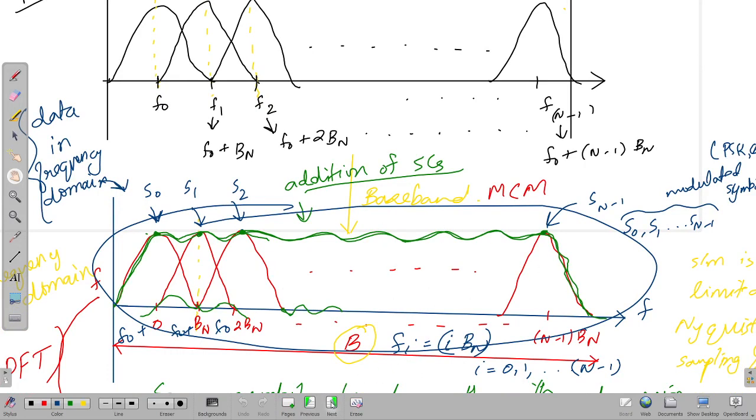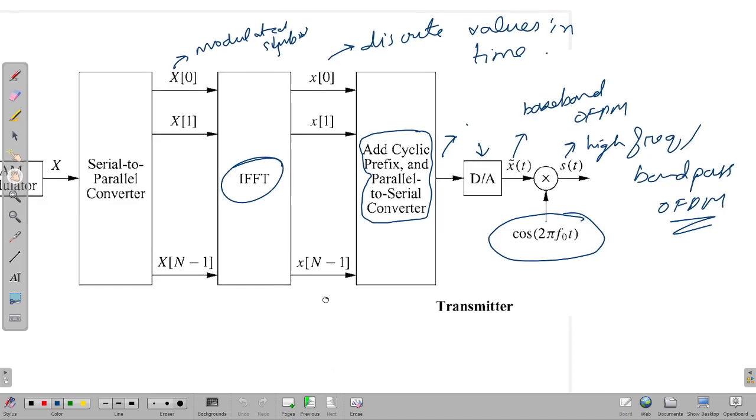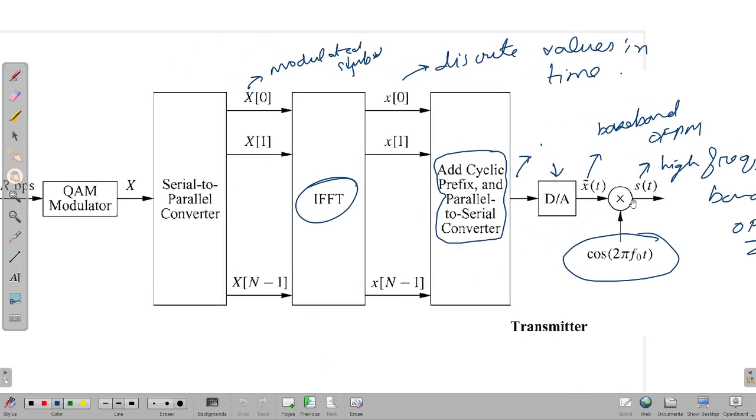These sample values we have converted according to the Nyquist criteria, so we can recover the signal completely. This recovered signal is finally made into a bandpass signal S of t, and it is transmitted. So this is the discrete implementation of OFDM. And in the next class we'll see what is the significance of this block, which is the addition of cyclic prefix.